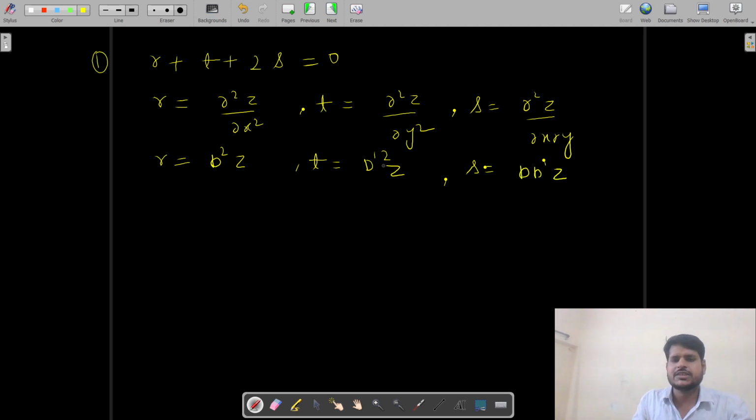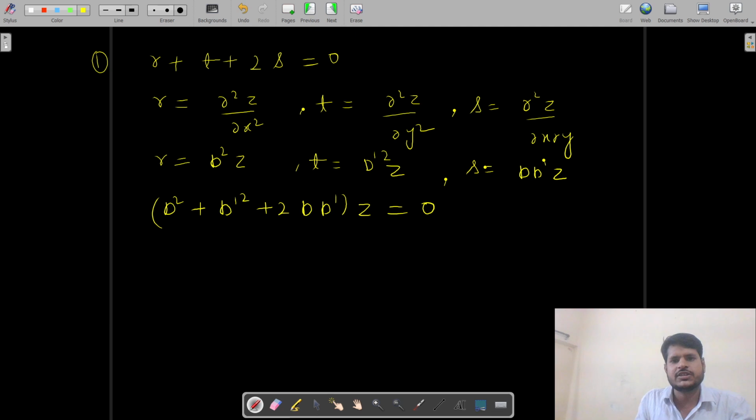You have to replace the derivative with respect to y by D dash and the derivative with respect to x by only D, no dash. So now the given equation can be written as D square plus D dash square plus 2 D D dash, and take z common.